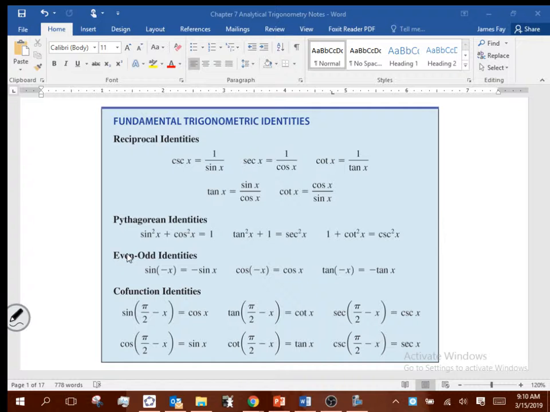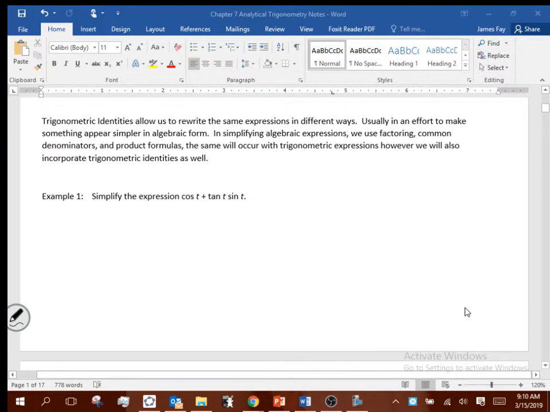I think one idea or one practice that is very important for us is to continually check our answers with our technology, whether that's Desmos, whether that's GeoGebra, or your TI-84, or even a TI-30 can do some of this stuff. Obviously, it's easier for us to use the graphing tools because we can look at the graph and see where the graphs overlap, if they overlap everywhere.